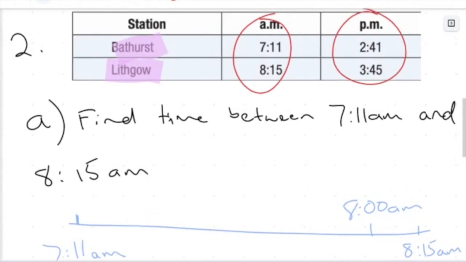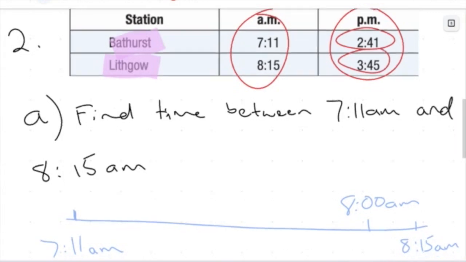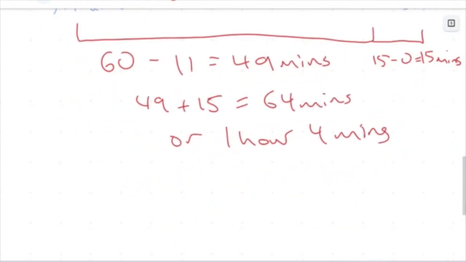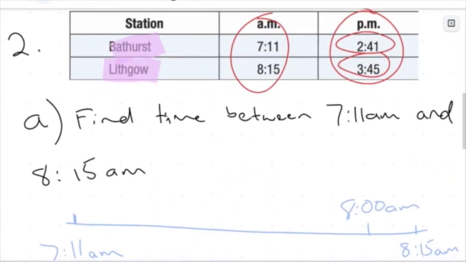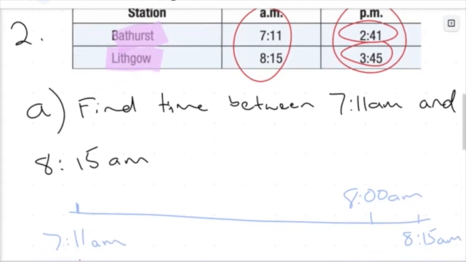So that's part A. Now let's find out the time it takes to get from Bathurst to Lithgow with these values here. So I'm going to put these in. So we want to find the time between... Let me change these values up because I just realized it's going to give you an identical answer if I do it this way.